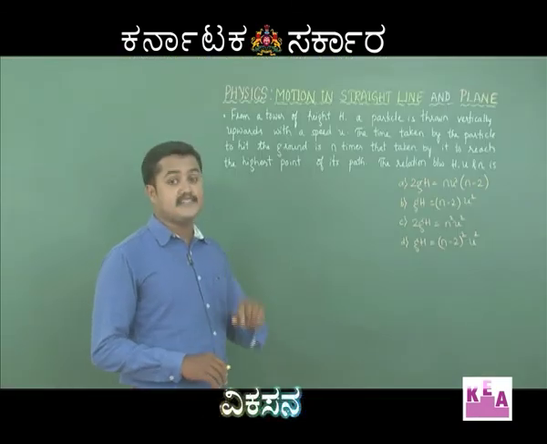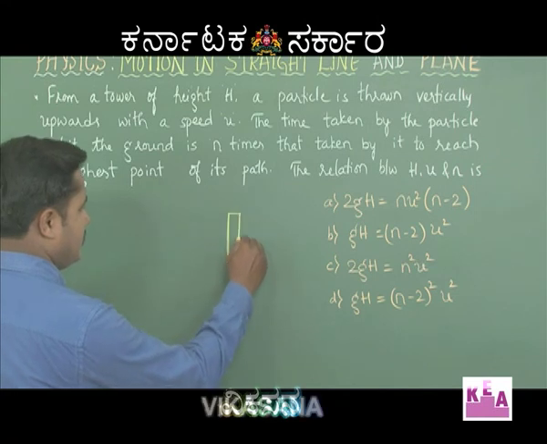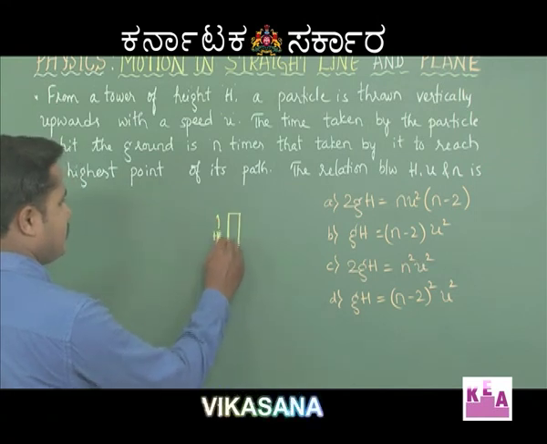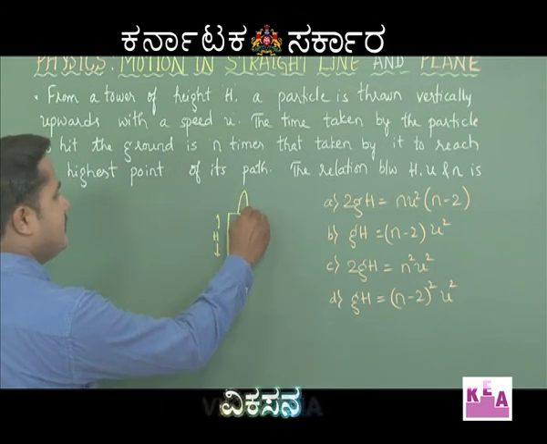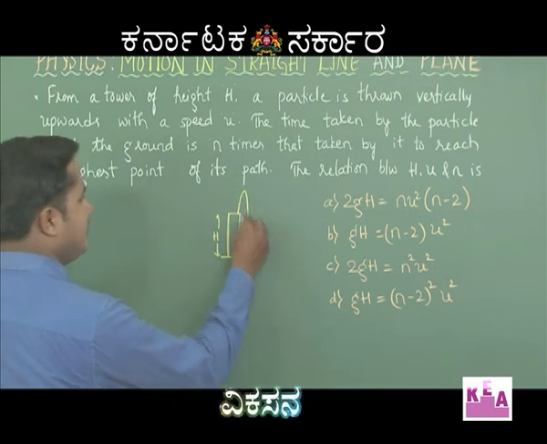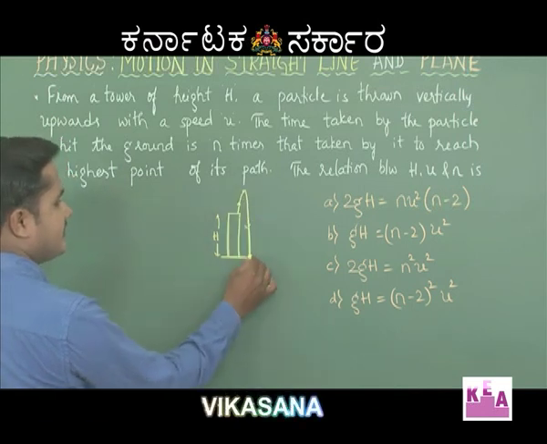To solve this, let us consider the tower first. Let me say that this is that tower of height h and the ball is thrown upwards. This will be its trajectory. It reaches a maximum height here and comes back and hits the ground.